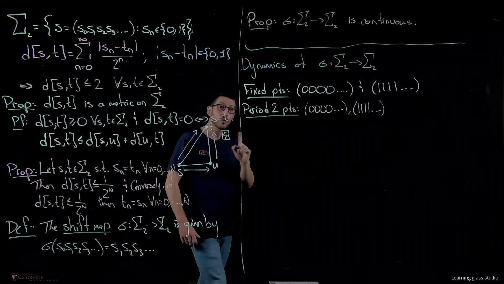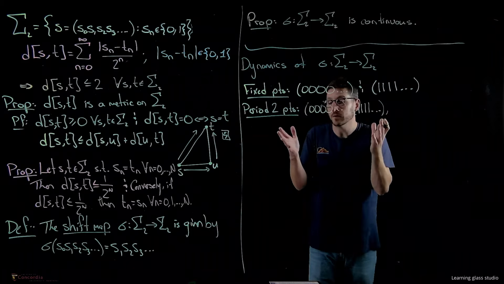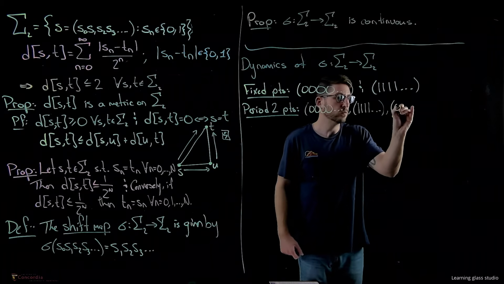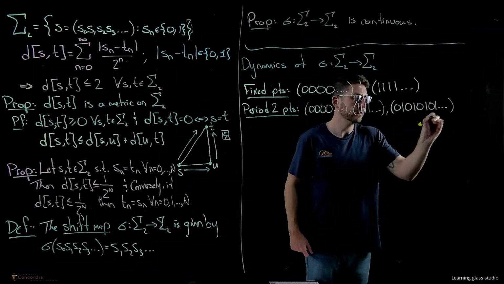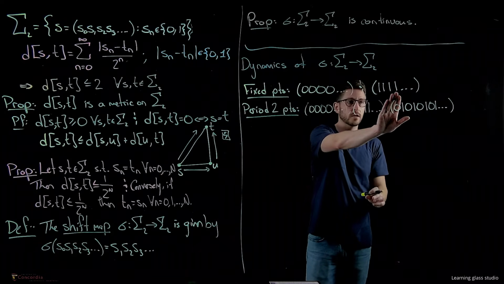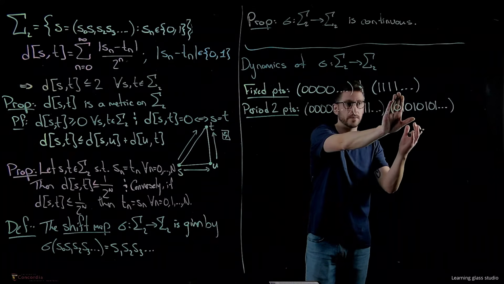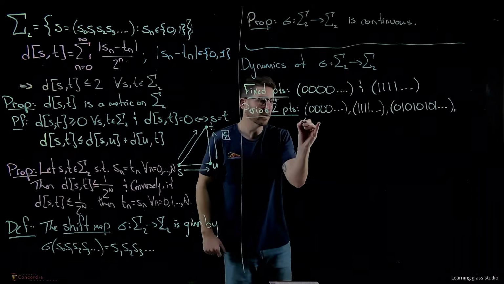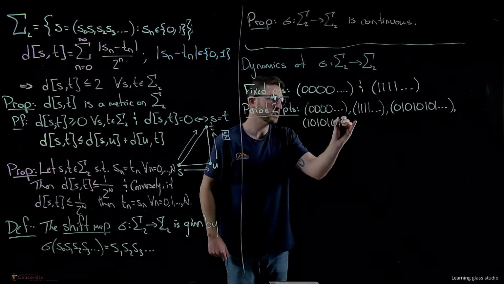But there's also 2 other ones, right? Again, you can come up with these, I suspect. This one, 0, 1, 0, 1, 0, 1, 0, 1 forever, right? Because if I take off the first digit, I haven't got back to myself. But if I take off the first 2 digits, I just repeat my sequence again. And similarly, there is 1, 0, 1, 0, 1, 0, 1, 0 forever.